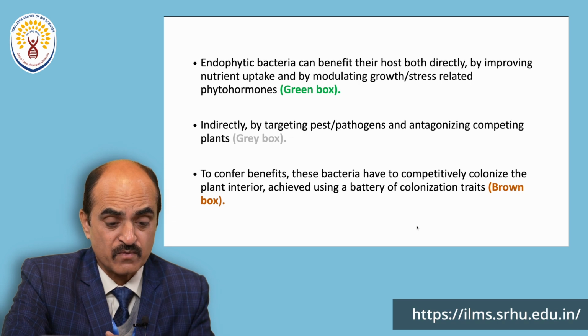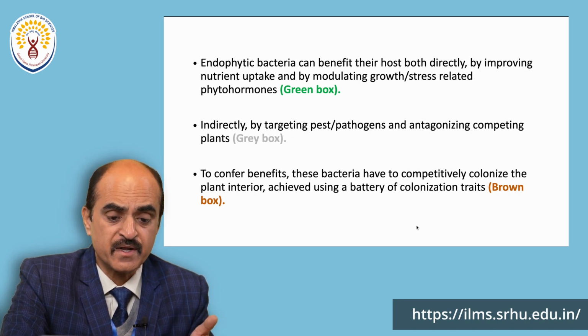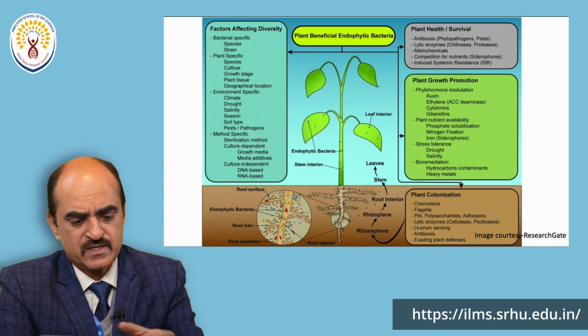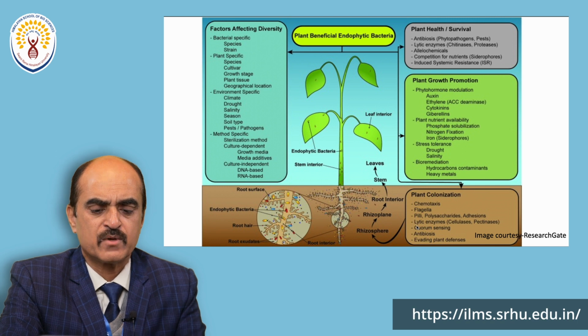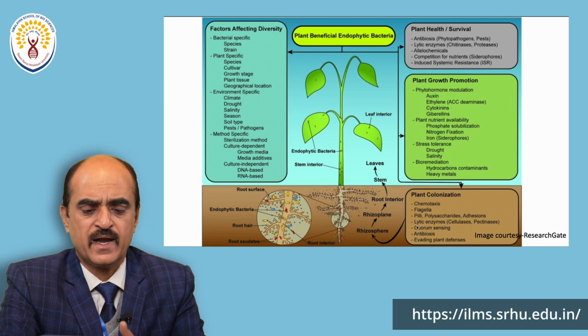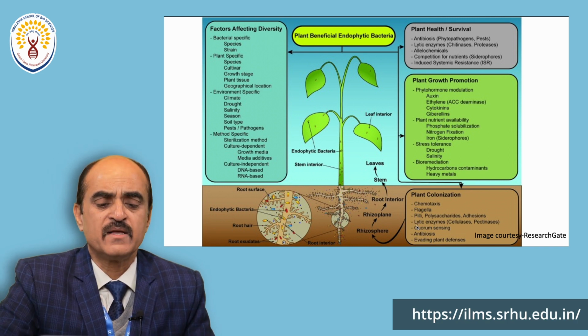The brown box: to confer benefits, the bacteria have to competitively colonize the plant interior like this. When they move inside the plant interior, they secrete some secondary metabolites because of chemotaxis, etc., they colonize, and they produce antibiotics. Because of quorum sensing, they multiply and they protect the plant.